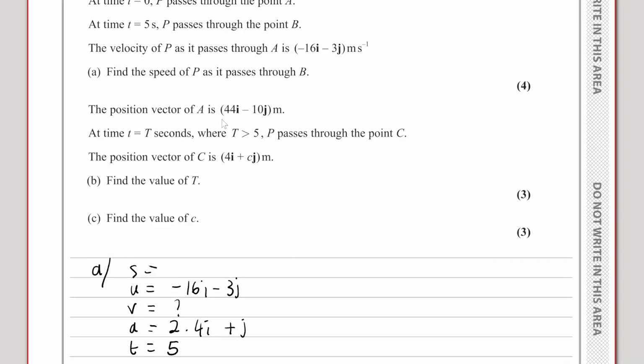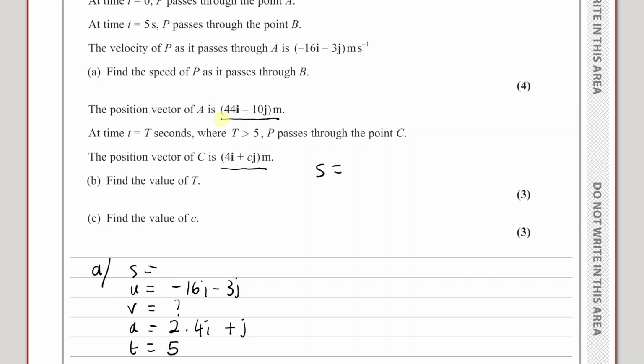The position vector of A is 44i minus 10j meters. At time t equals t, where t is greater than 5, P passes through C. The position vector of C is 4i plus cj. So we can work out from that the displacement, how far it has moved.